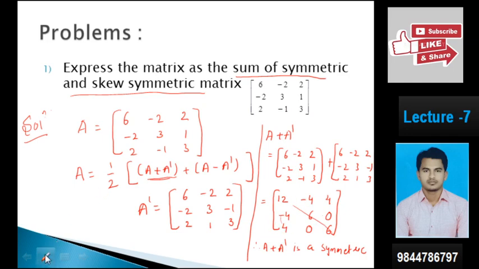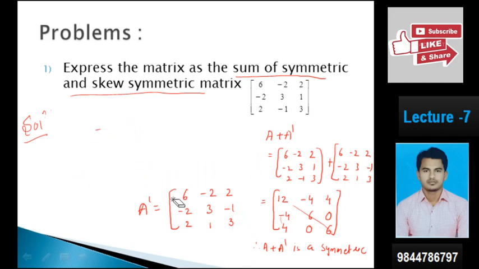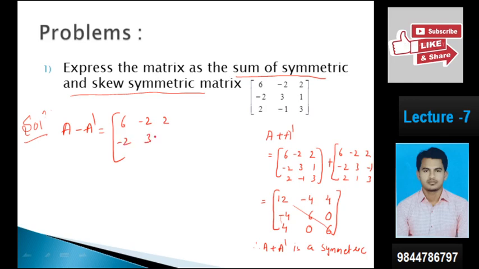Similarly, after getting this value, find A minus A dash. A minus A dash is equal to, A means the given matrix 6, minus 2, 2; minus 2, 3, 1; 2, minus 1, 3, minus of A dash.